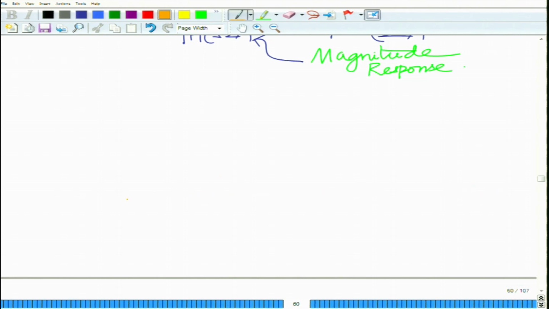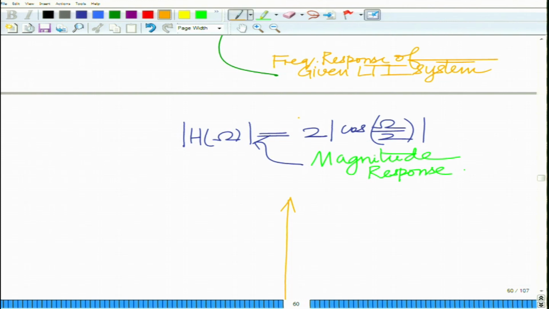In fact, it is very interesting, and of course, you can see it is symmetric, it is periodic. Remember, every DTFT has to satisfy the property that it has to be periodic with period 2 pi. So, this is periodic with period equals 2 pi, correct.